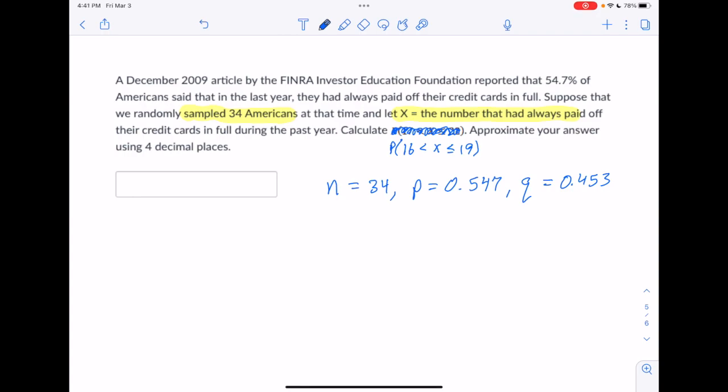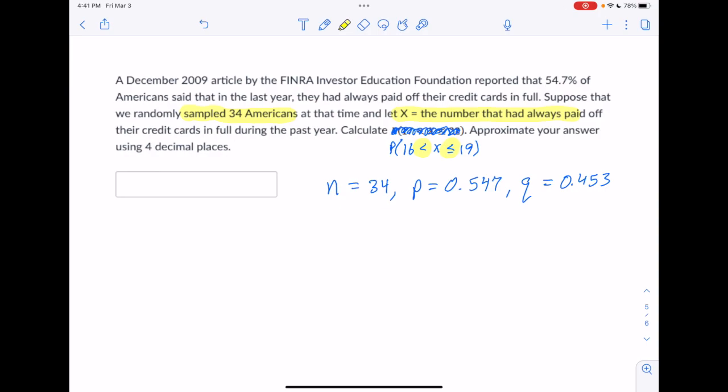After we get that set up, then we have to make sure that we're sorting out what's being asked. Since X is the number of successes, this is a discrete problem, and X can only be a whole number. So if you look at these symbols right here, we have X is greater than 16. That does not include the 16, so that means that we're going to start out with 17. But on the other side, we have less than or equal to 19, so the 19 is included.